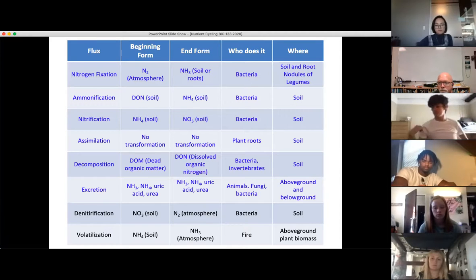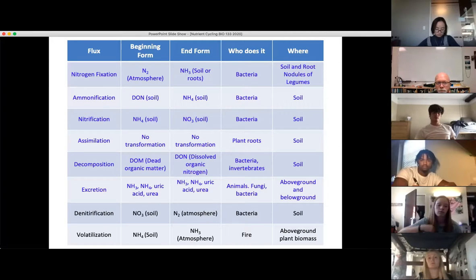Nobody? Should be really apparent from this table. The soil? Yeah, soil is a super important place.